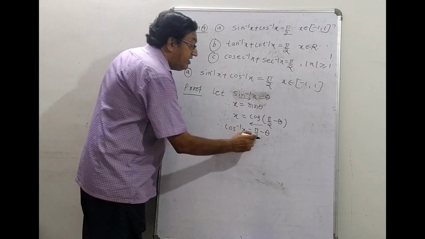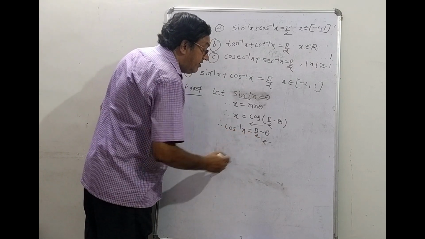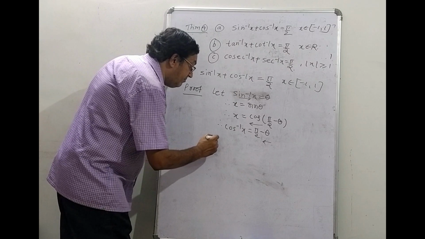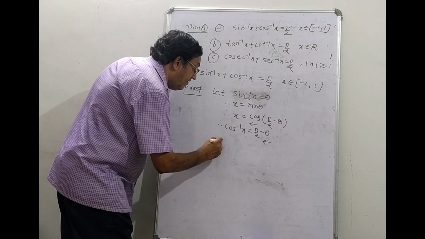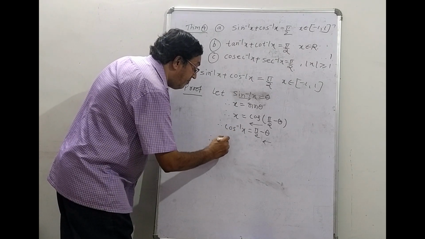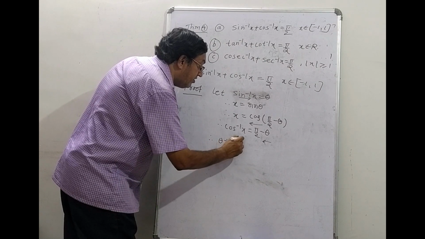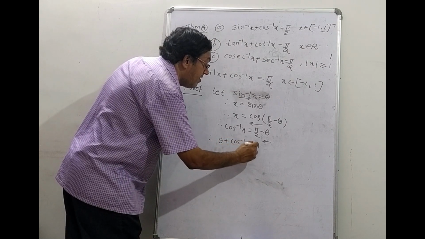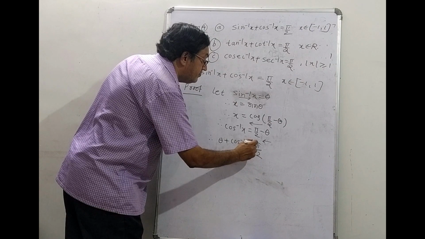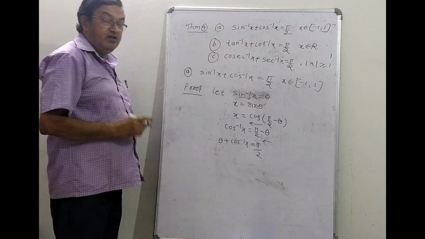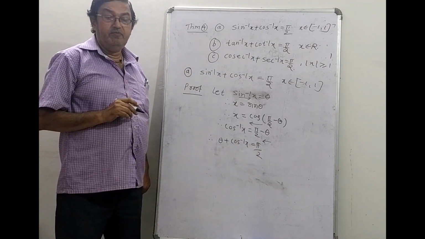Now this minus theta I will transfer to the left hand side, so it becomes plus theta. So we can write theta plus cos inverse of x equals pi by 2.